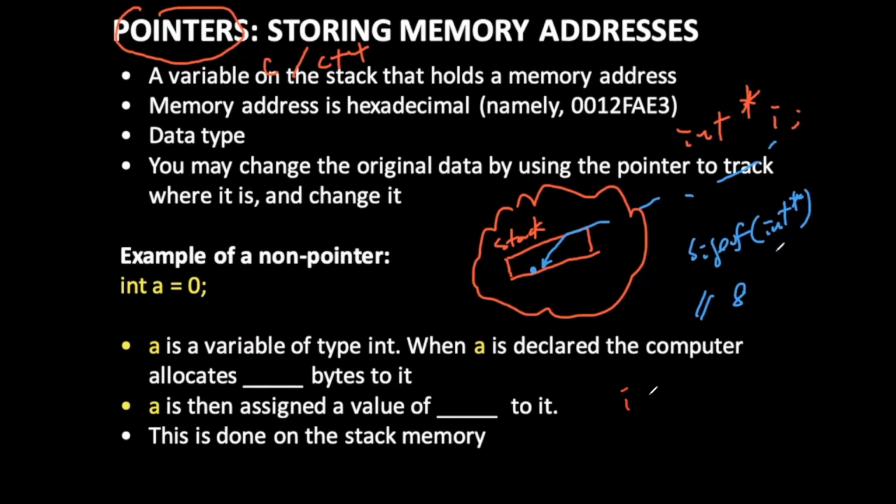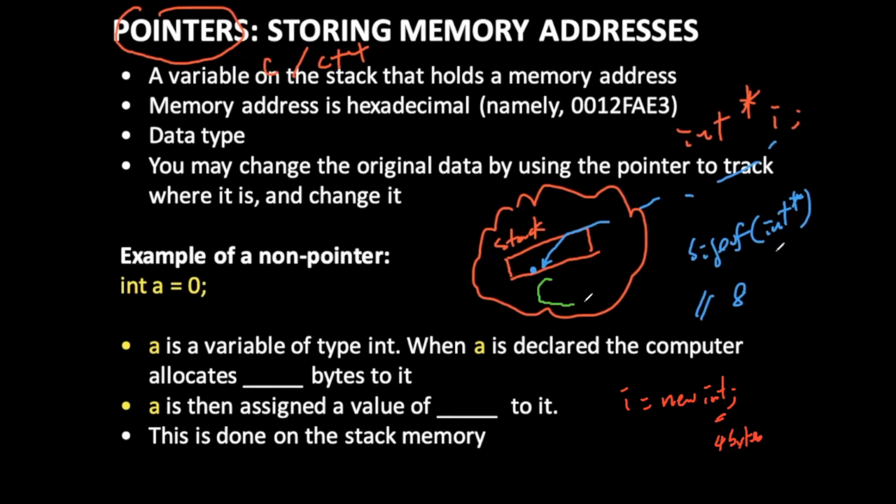Let's say we dynamically allocate a brand new integer on the heap and assign the address of that newly allocated integer to the pointer i that we declared earlier. Note that this dynamically allocated space is 4 bytes because the integer is 4 bytes.